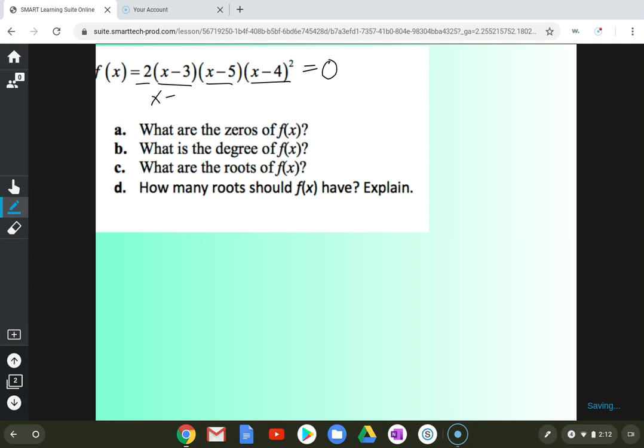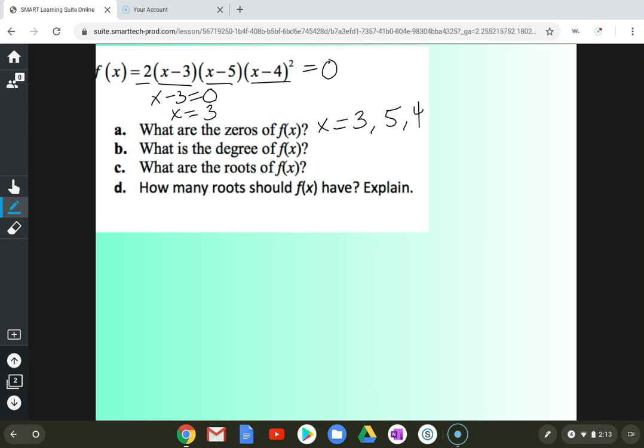So we would set our factors equal to 0 and solve. You would do that for each factor, and what you're going to end up with for your zeros would be 3, 5, and 4. So the zeros are the x values that cause the entire function to equal 0.